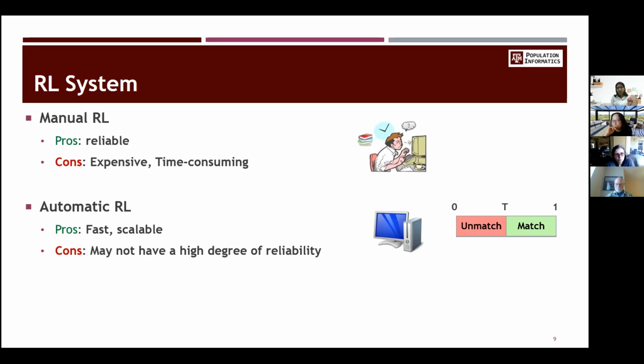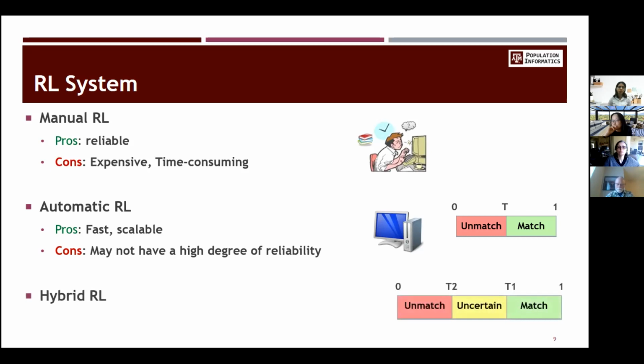So by assigning a probability between 0 and 1 and having one threshold, it will classify the data into two classes, matched and unmatched. The hybrid record linkage is category number 3.